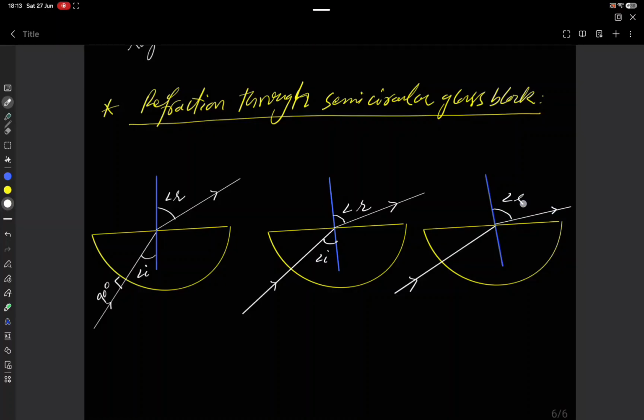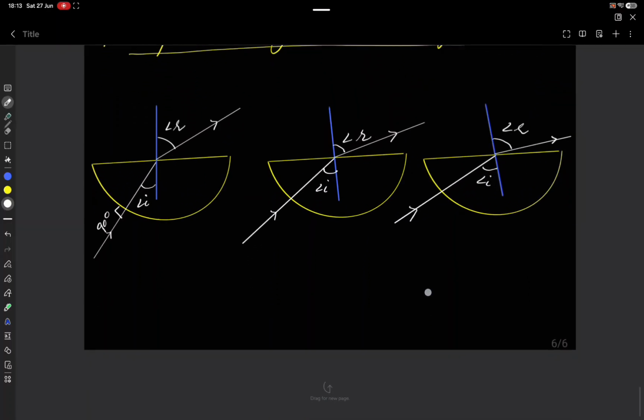This is the angle of refraction in the less dense medium. This is the angle of incidence in the denser medium. Now there is a stage that comes as I continuously increase the angle of incidence. So what will happen?